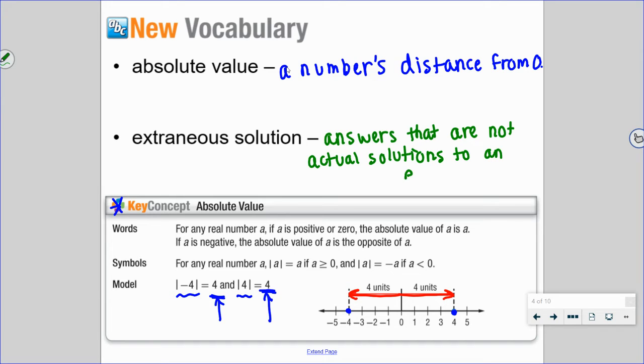We algebraically get some values for our solutions for our variables when we're solving. And once we check our answers, we realize that these are not actually true statements when we go and plug those numbers back into our equation. All right, don't worry, we'll look at a couple of examples of those.